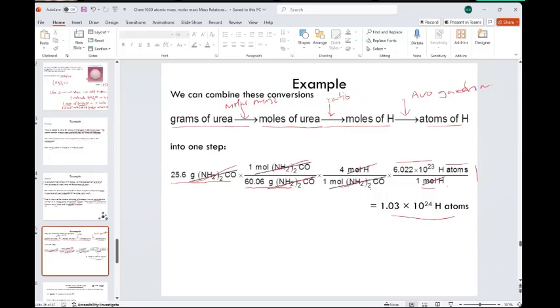I would try to follow the same problem, but for different atoms.